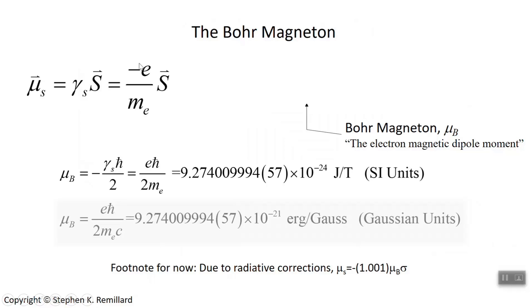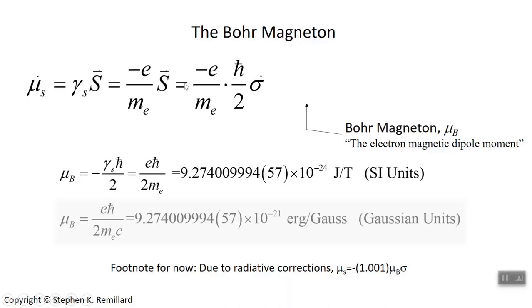For gamma sub s, we'll use minus e over m sub e. For the spin angular momentum, we can use h bar over 2 times the Pauli spin operator, which is a vector that points in the same direction as spin, but has this h bar over 2 in front of it. Sigma very simply has 1's, i's, and 0's in it.